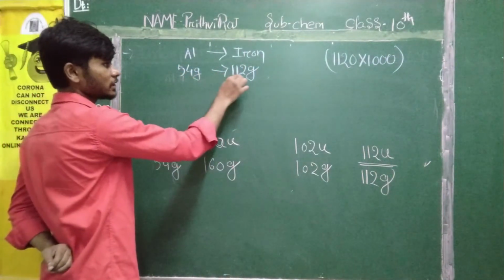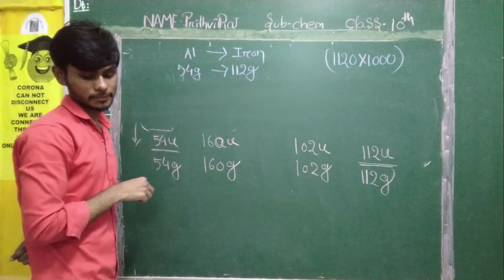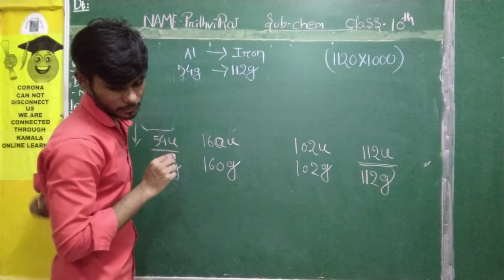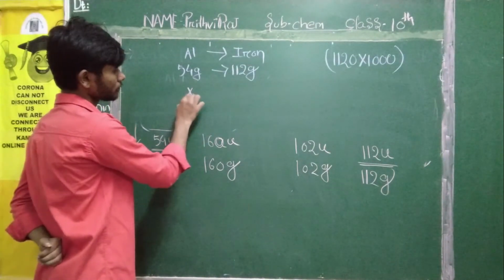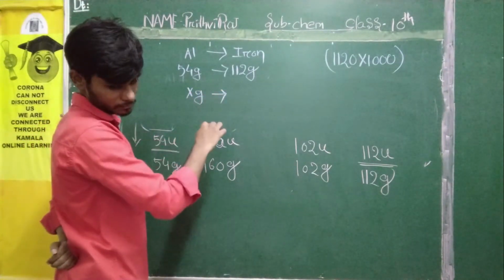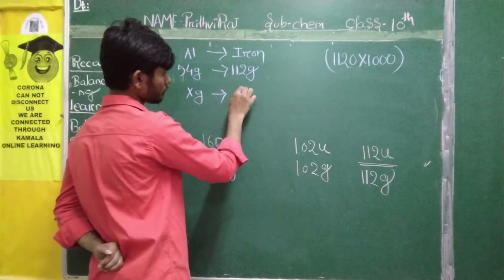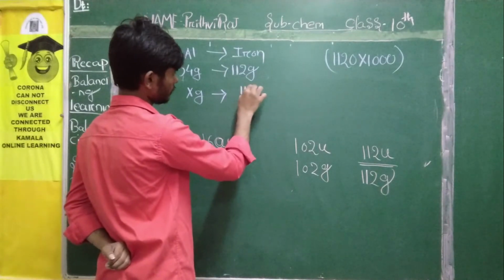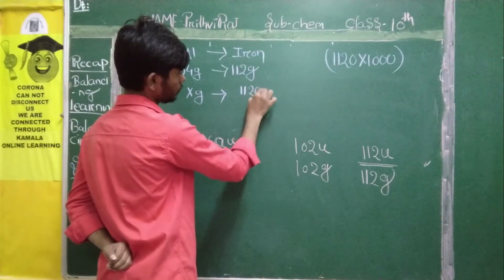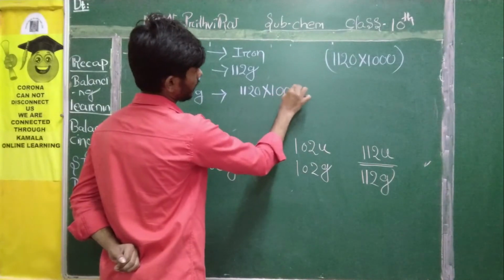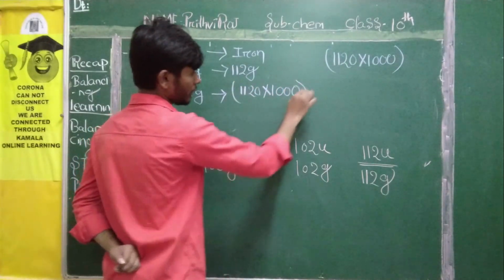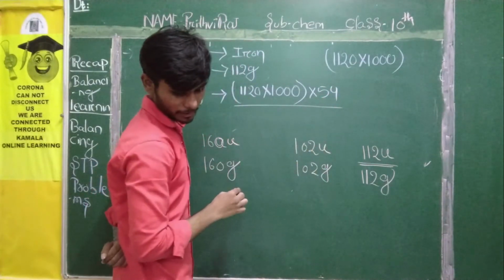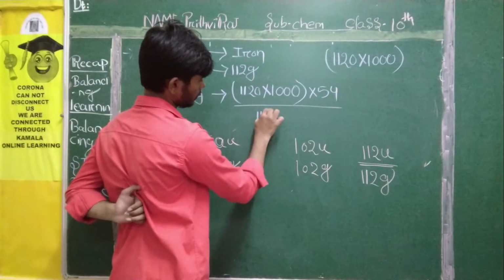If 54 grams give you 112 gram, then x gram will give you how much? 1120 multiplied by 1000, again multiplied by 54, all divided by 112.